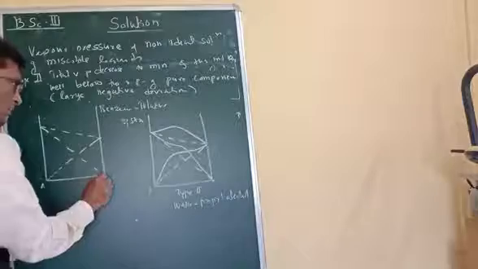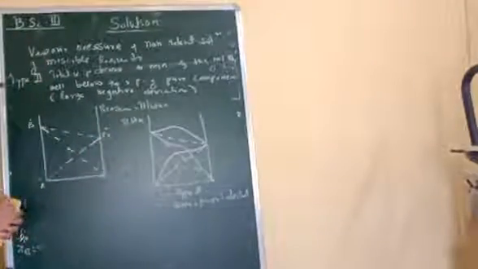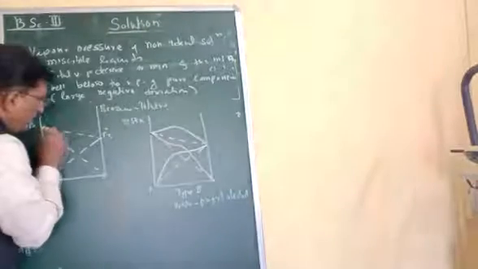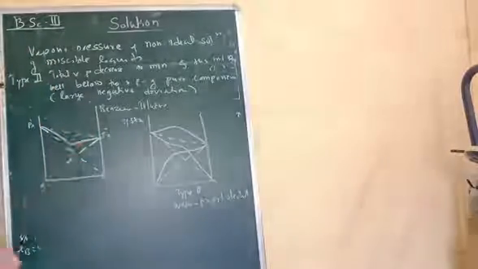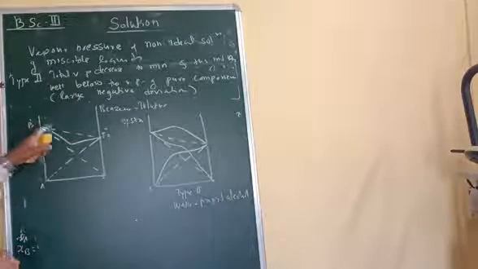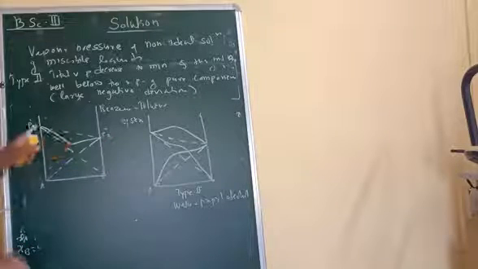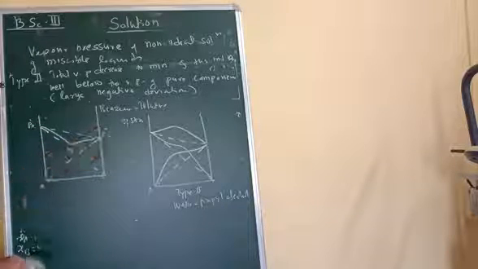A, B, P0A, P0B. Now here in this case the total vapor pressure decreases, attains a minimum. That means this minimum is well below this P0A and also that P0B.